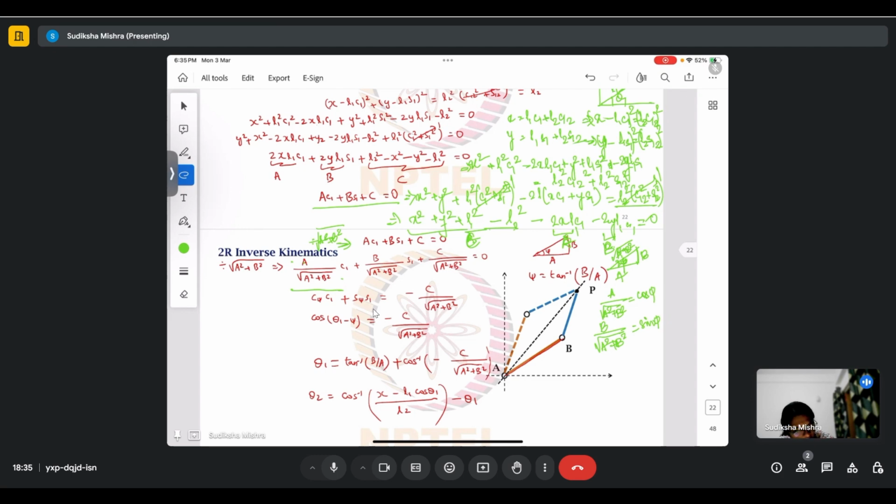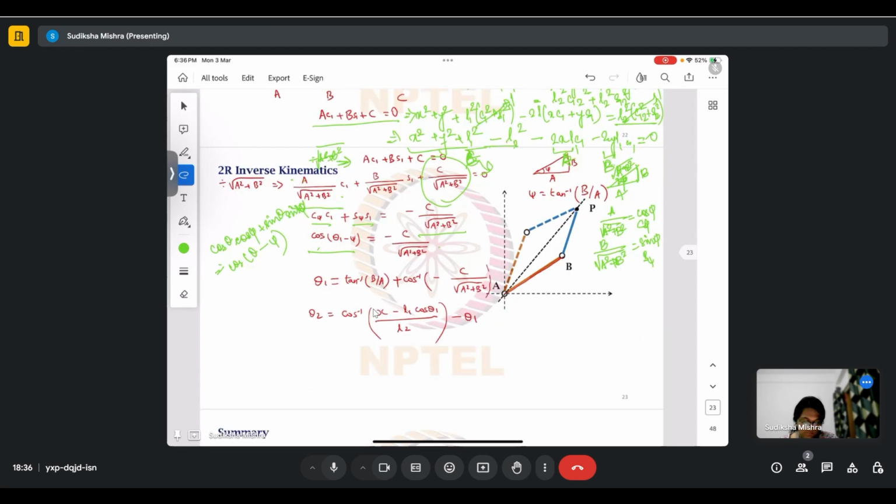So you can write this as cos psi cos theta 1 plus sin psi sin theta 1 equals minus C by root over A square plus B square. And remember cos theta cos psi plus sin theta sin psi is equal to cos (theta minus psi). So this results in cos (theta 1 minus psi).